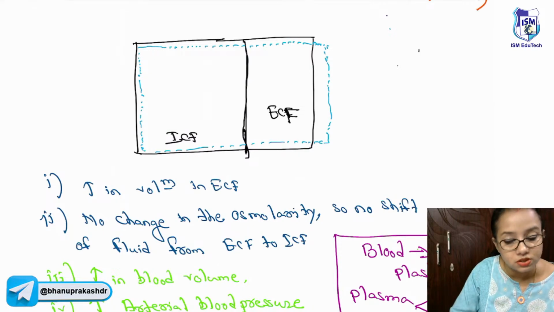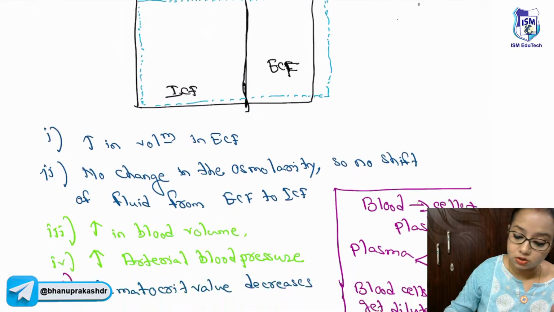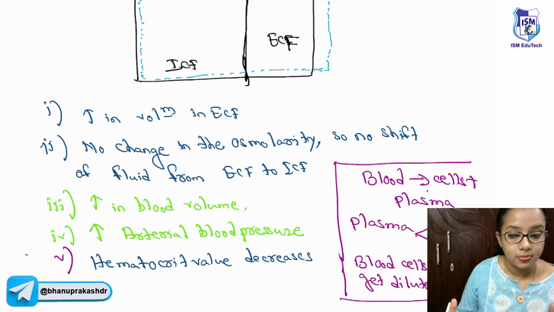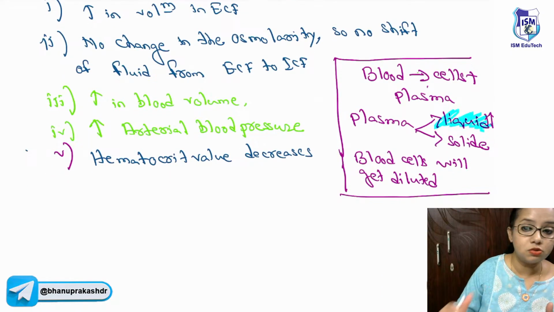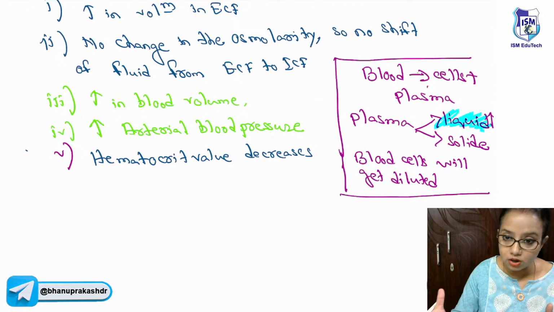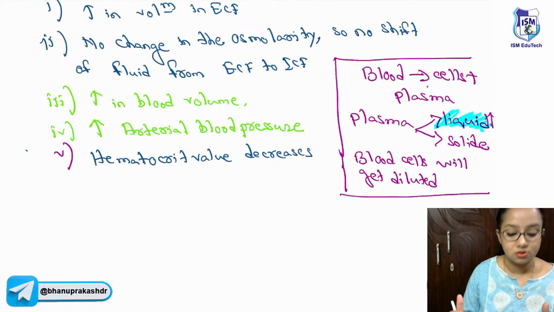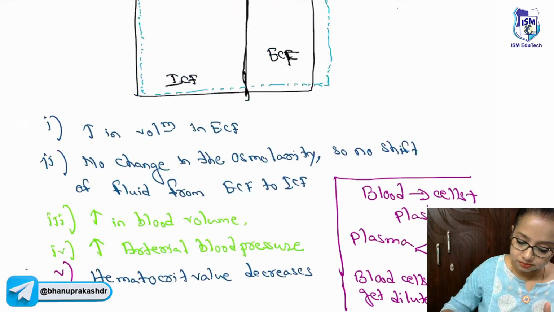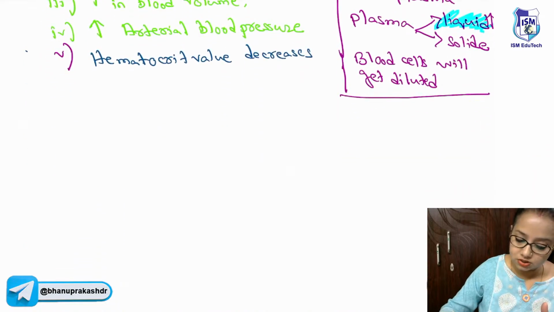So there is no movement of fluid. Only volume has expanded, which means blood pressure will increase because more fluid is there. Blood volume has increased because of infusion of fluid, so blood cells will get diluted. Liquid more, cells comparatively lesser. So the hematocrit value will decrease. This is what happens with isotonic fluid infusion.